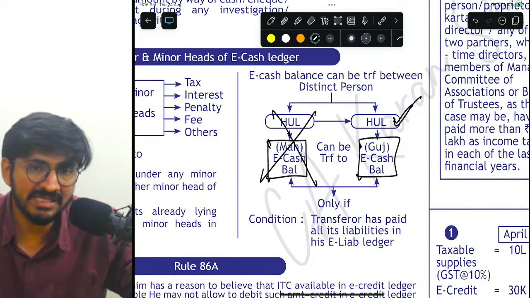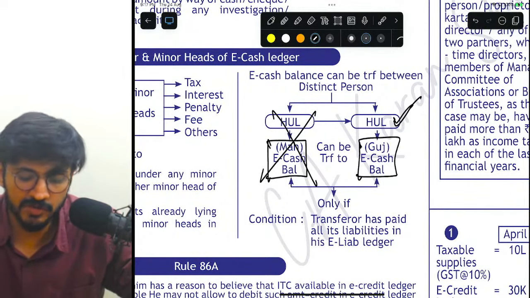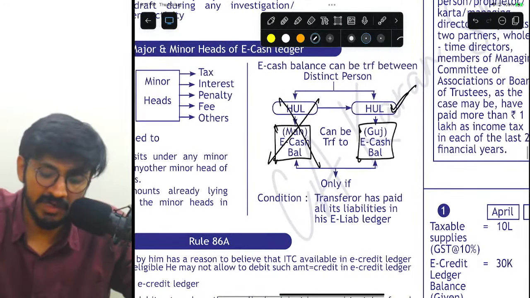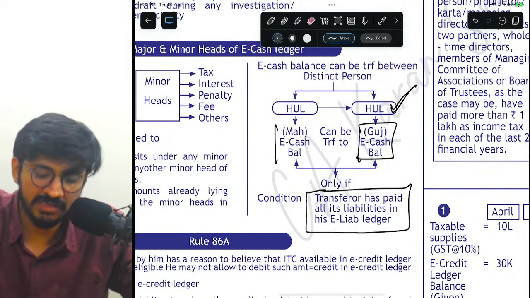It might need e-cash ledger today or tomorrow. So you can easily transfer from one branch to another, which was not possible before. But understand, before the transfer, make sure that the Maharashtra branch has paid off all the liabilities, and only then will they be allowed to transfer the balance from the e-cash ledger of HUL Maharashtra to HUL Gujarat.